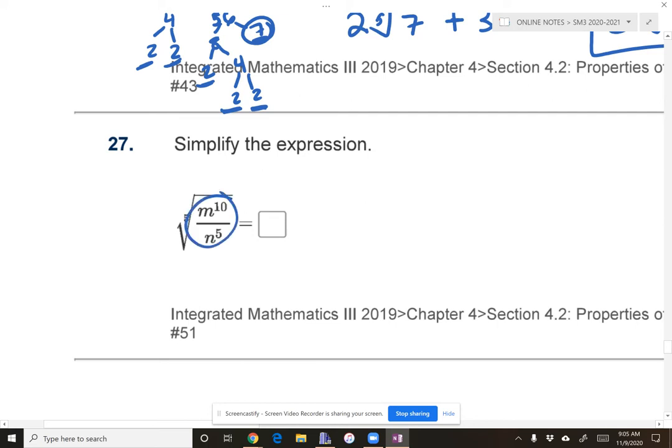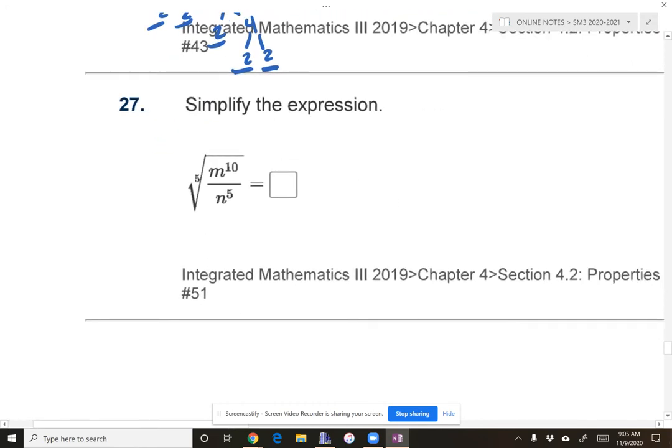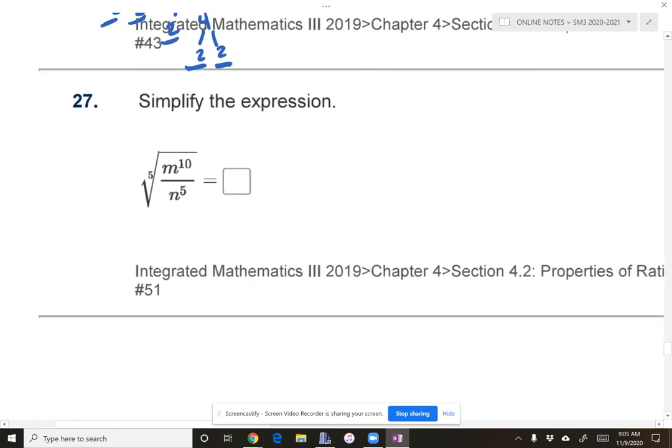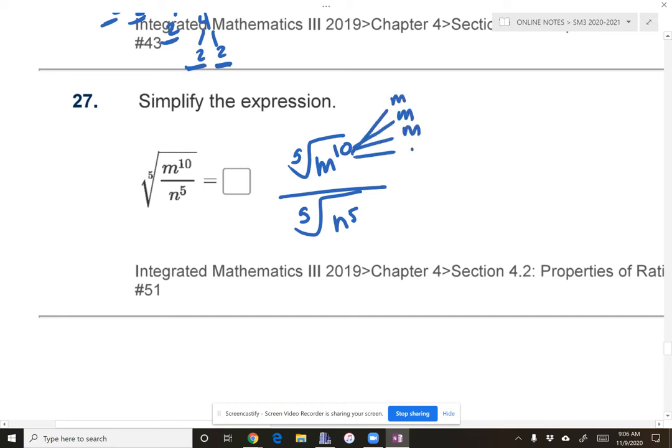Okay, simplify the expression. With this one, I can't do division because they're not the same base. M and N are different. So I'm going to separate this into the fifth root of m to the 10th over the fifth root of n to the 5th. And I'm going to simplify the top by itself, simplify the bottom by itself. And if I have 10 m's, you can write it like this.